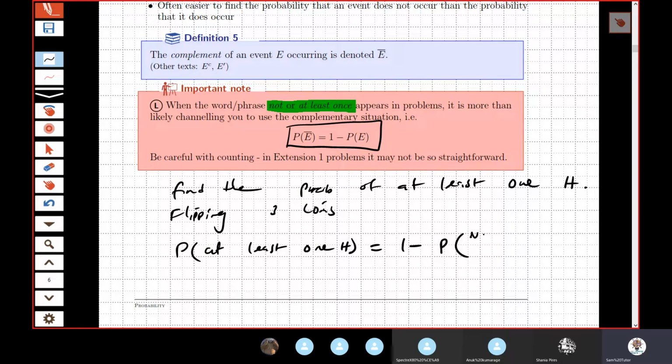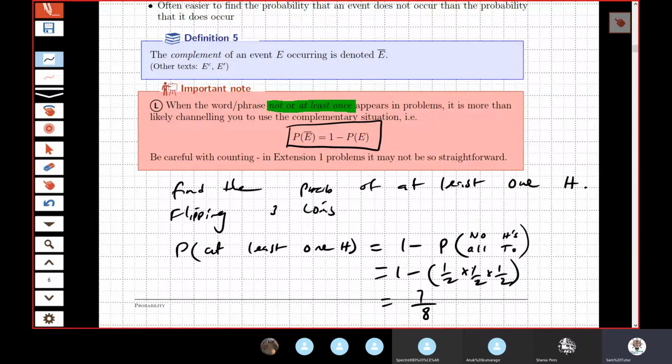You can either write no heads or all tails. However you think about it, it's both the same thing. So that would be 1 minus the probability of all tails, a half times a half times a half, right? 3 coins. That would be 1 over 8, so the answer would be 7 over 8.